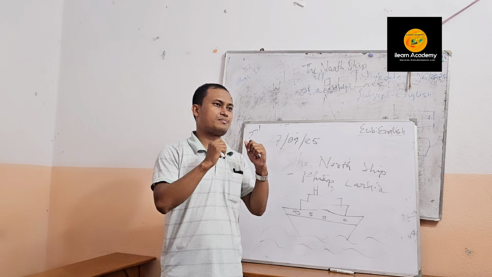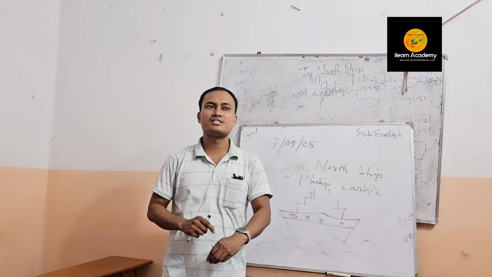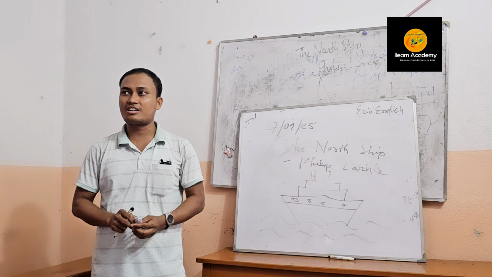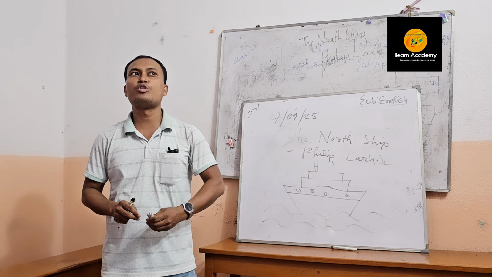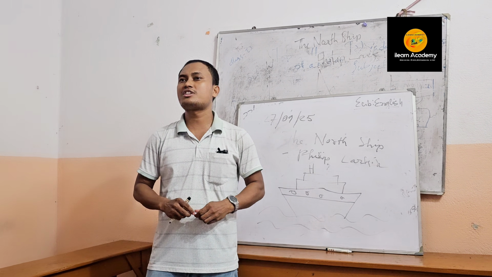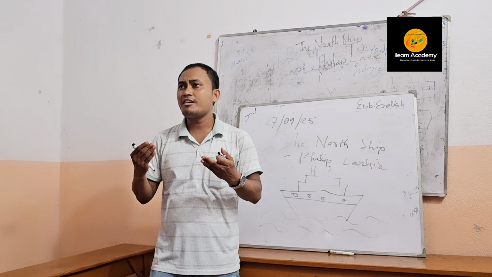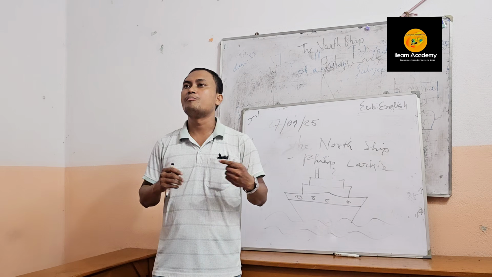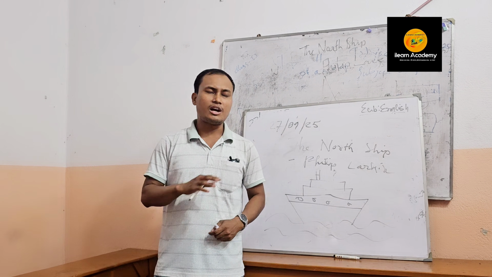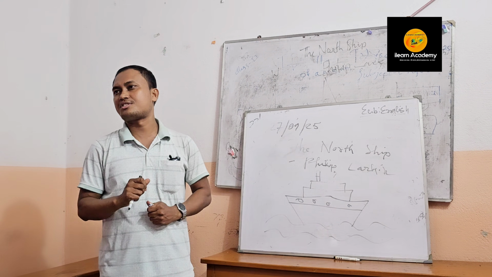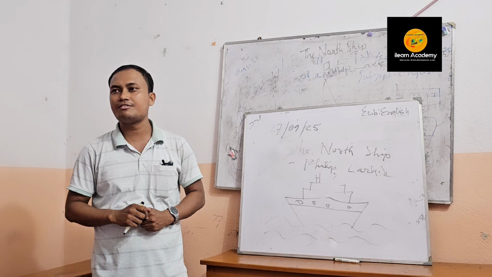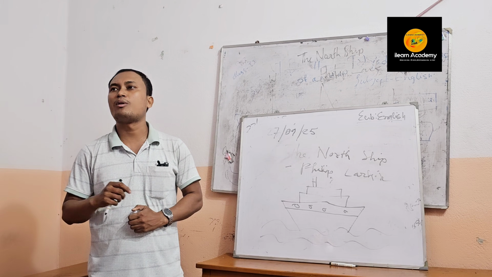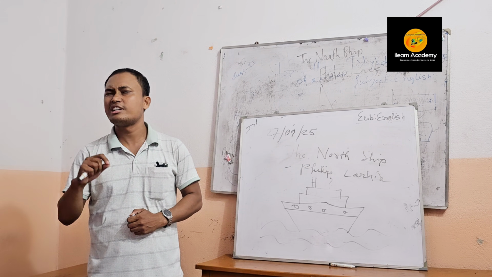Now come to the third ship. The third ship will head towards the north side. It will also face difficulties on its way, but it will struggle to go forward, and after a long time it will overcome all the difficulties and reach its destination, making a long journey. Now, students, these three ships symbolically represent our human life, our desire, our hardship, our fortune, and our struggles and our destination.